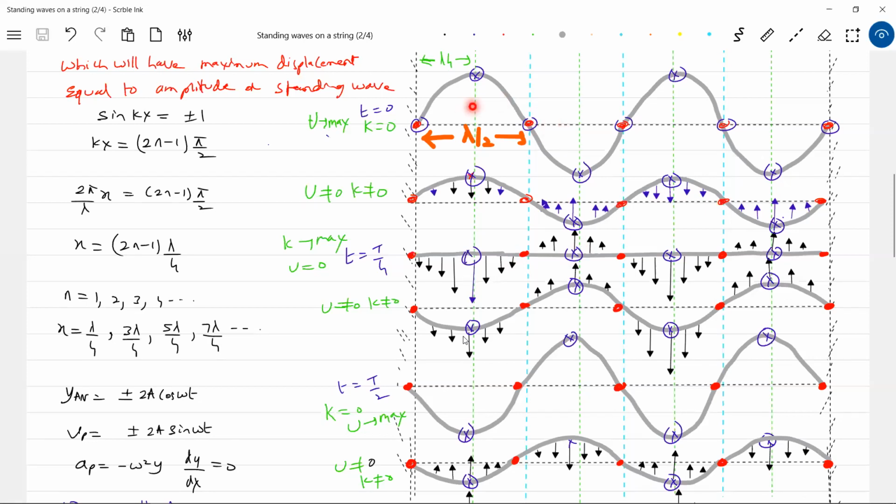The power that flows due to the incident wave, that much power flows back due to the reflected wave. So the net flow of energy per second through any point on a rope will be zero. The energy is made to stand in a given region. That's why it is a standing wave. The overall energy in one loop remains there only.